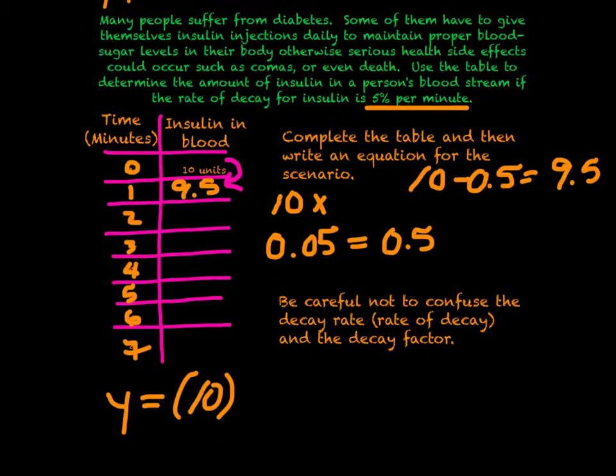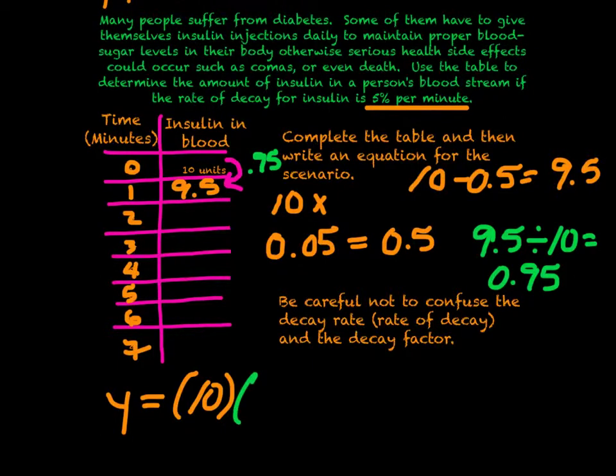What would I multiply 10 by to get 9.5? Just like in our previous equation, if I take 9.5 and divide it by 10, I would get 0.95. So that is my decay factor. I'm going to add that into my equation, 0.95.